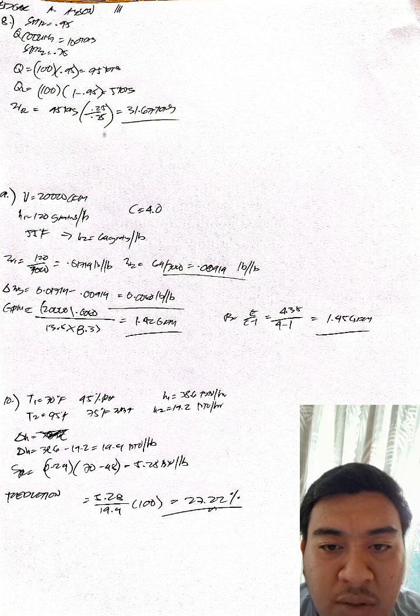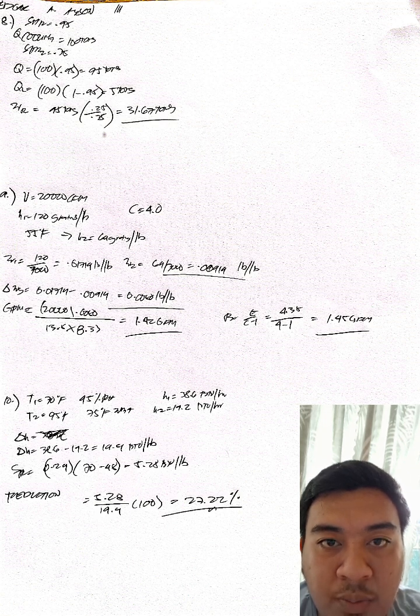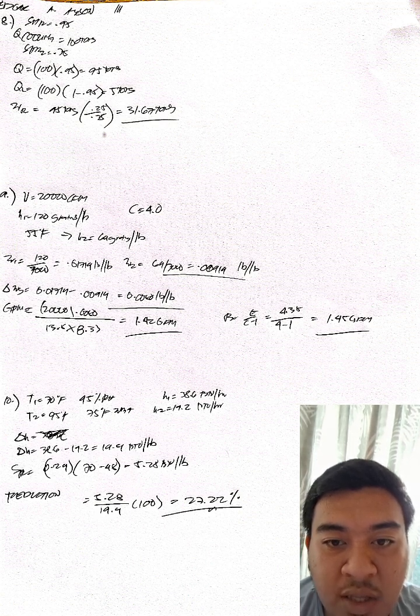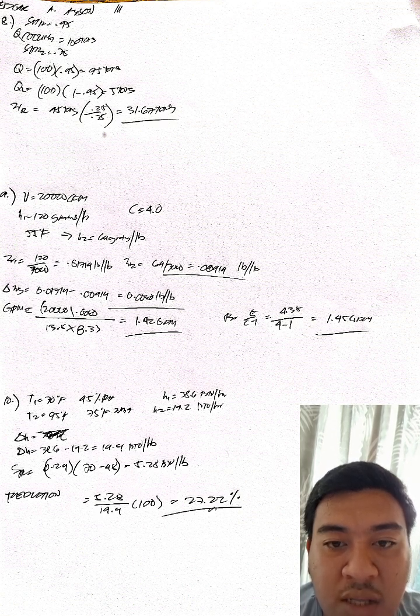So W1 is equal to 120 divided by 7,000, which is 0.01714 pounds per pound. Then for W2, 64 divided by 7,000 is equal to 0.00914 pounds per pound.